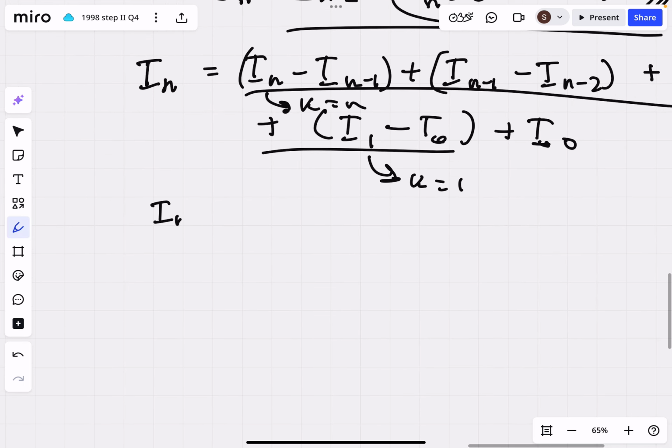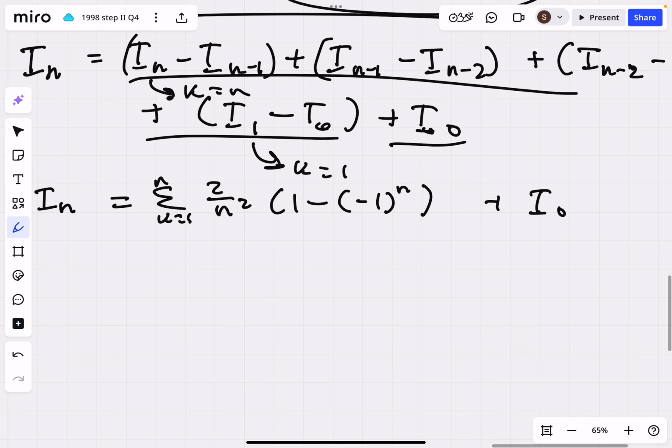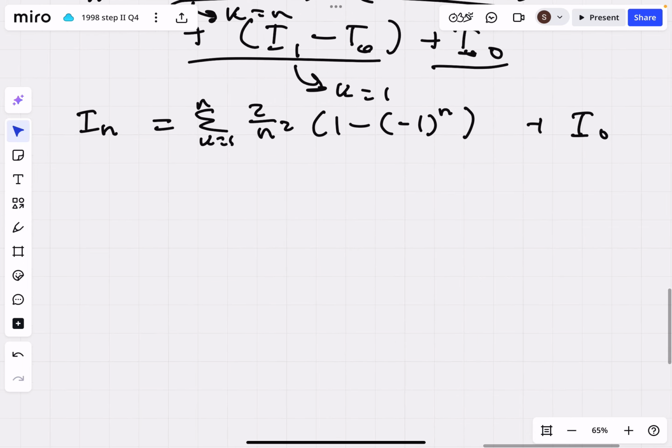So we can plus that I_0 and I_n. So we can write that as the sum from k equals 1 to n of 2 over k squared, 1 minus minus 1 to the power of k, plus I_0. So we can factorize out 2 there.